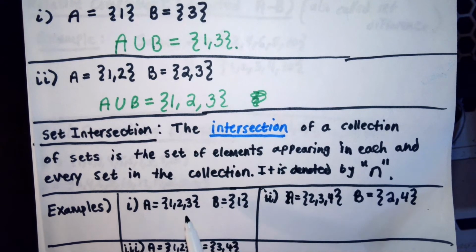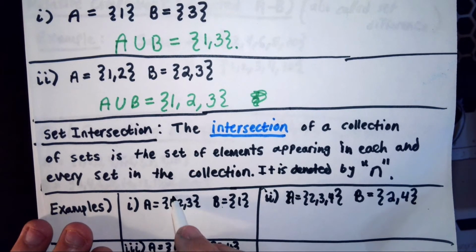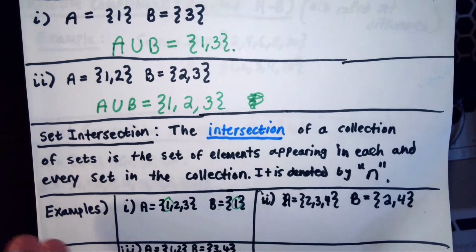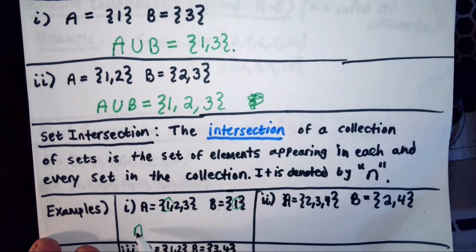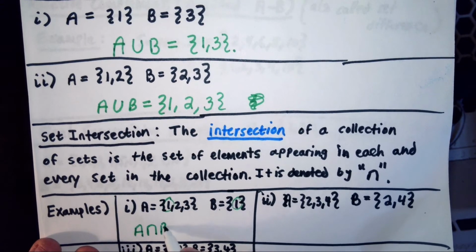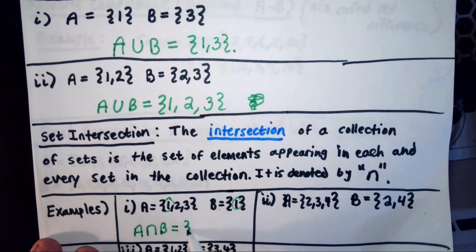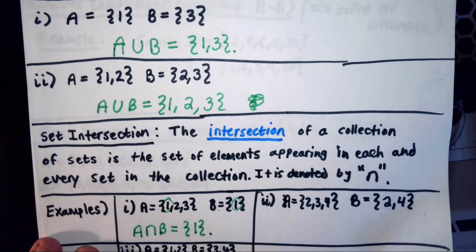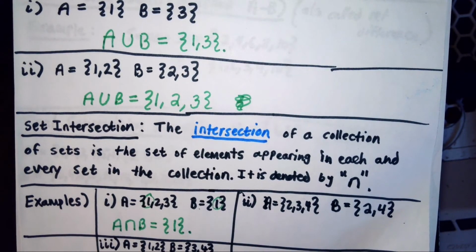Well, looking at this, we can see that 1 is in common between the two sets, right? So therefore, A intersect B, because that's the only thing they have in common, is just the singleton set {1}.